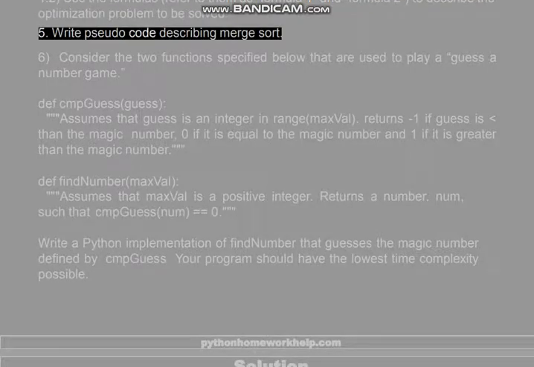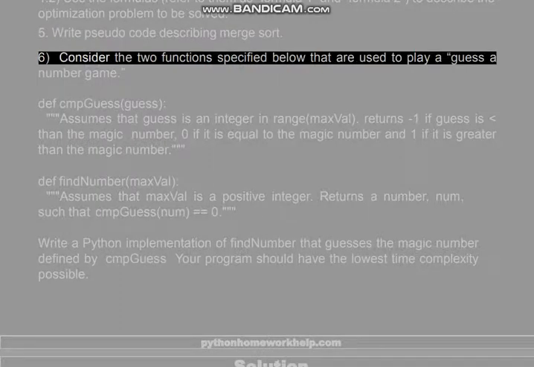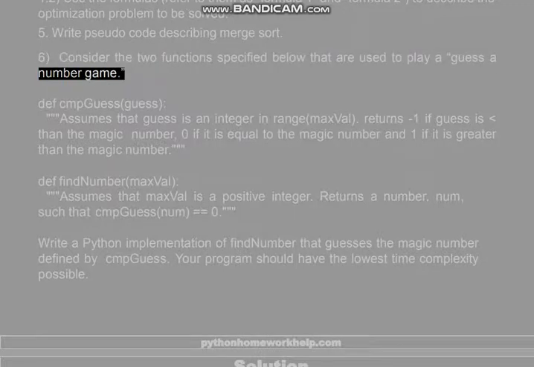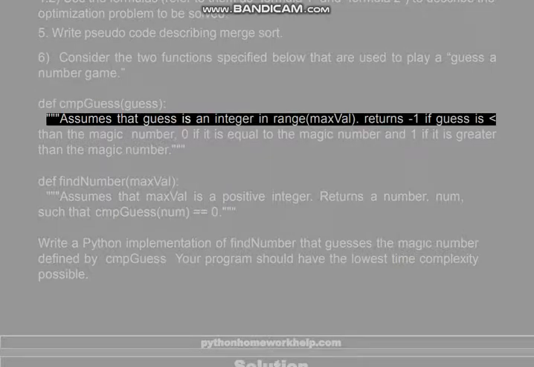5. Write pseudocode describing merge sort. 6. Consider the two functions specified below that are used to play a guess-a-number game. def cmp_guess(guess): assumes that guess is an integer in range(max_val).